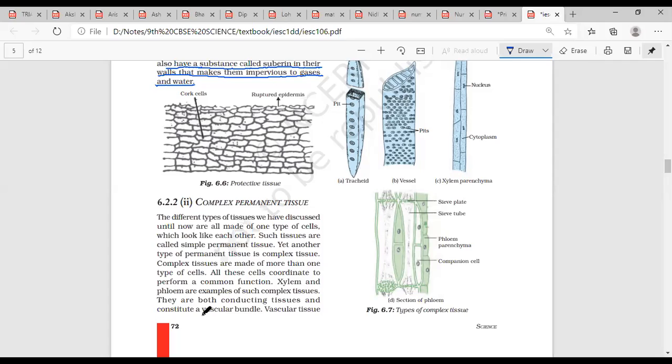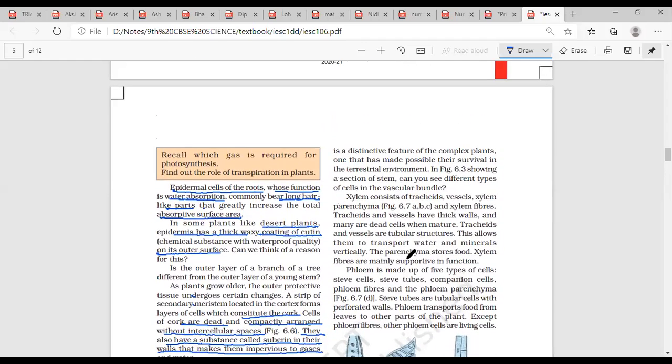Xylem and phloem are examples of such complex tissues. They are both conducting tissues and constitute a vascular bundle. Vascular tissues, vessels, mean pipe-like structures. Vascular tissue is a distinctive feature of complex plants, one that has made possible their survival in the terrestrial environment.